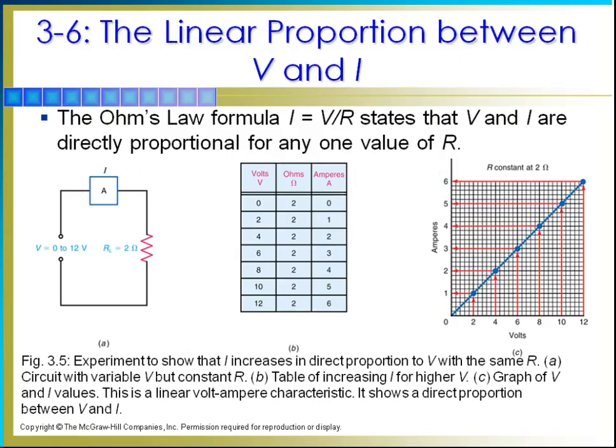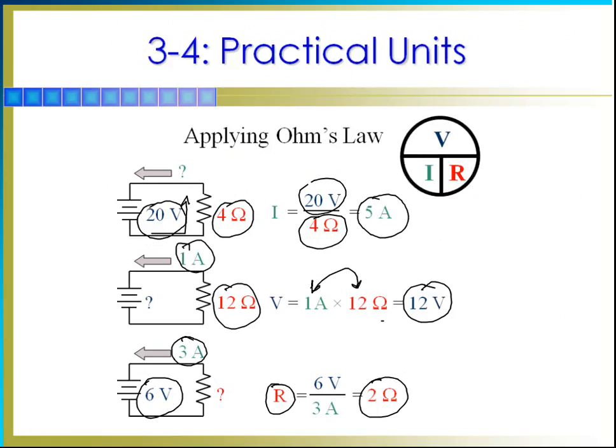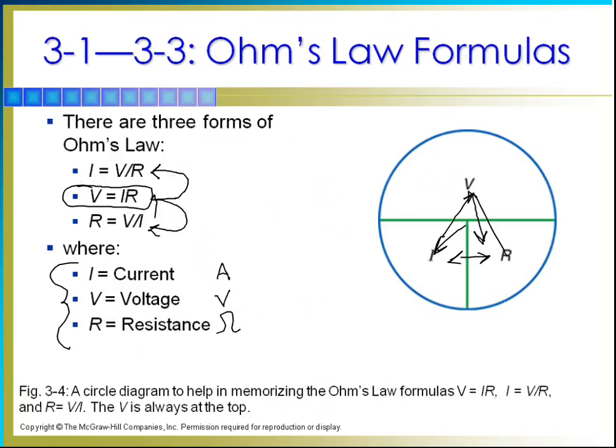Now, I've mentioned several times, current and voltage are linear for a given resistance. Let's go back and look at the equation again. Voltage equals current times resistance. So for a given resistance, a constant linear resistance, that is a resistance that's not going to change with voltage or heat or anything like that, we're just going to say resistance equals 1.